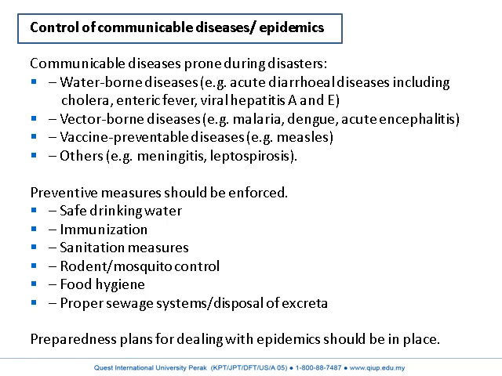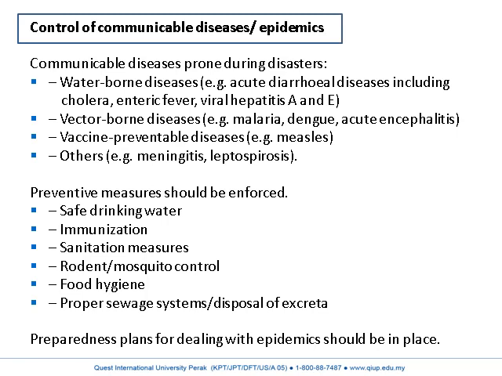Control of communicable disease or epidemic. These are the various communicable diseases. Waterborne diseases like cholera, typhoid, hepatitis A and E, diarrheal diseases; vector-borne diseases like malaria, dengue, acute encephalitis like Japanese encephalitis, because at the time of disaster the mosquito population will increase.